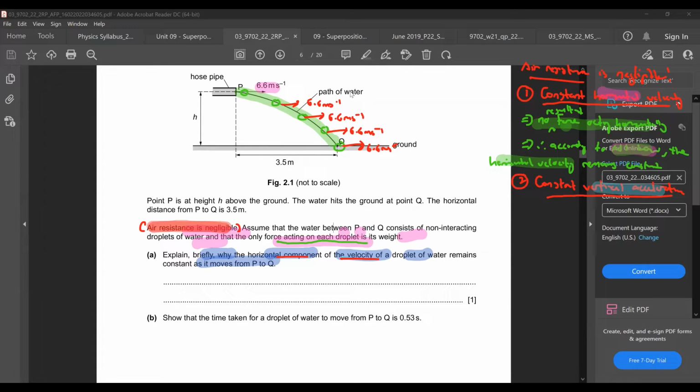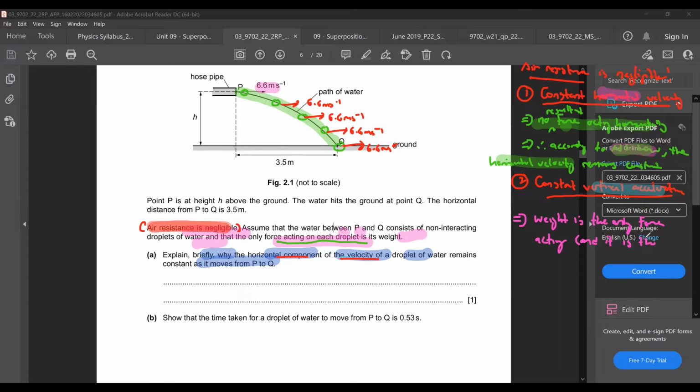When you have constant vertical acceleration, the reason is that weight is the only force acting, and it is your resultant force.